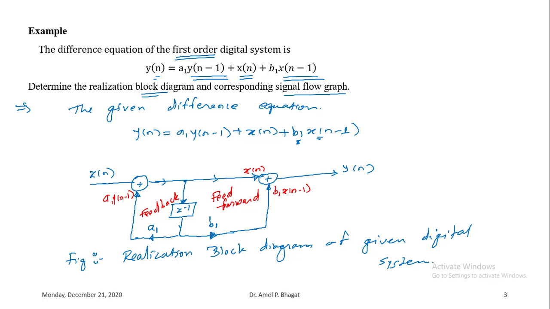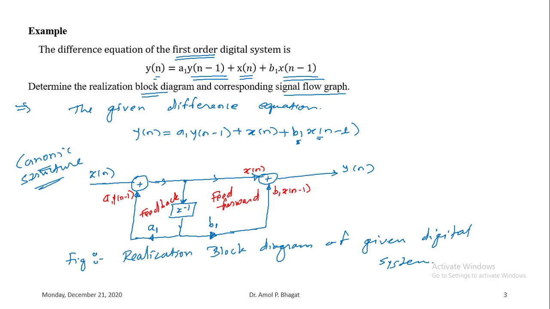So when you are using a single delay element, and in this case the order of the system is also, it is a first order difference equation, right? So the order of the system or the transfer function is 1 here, as well as the delay element that we used is 1 here. So therefore it will be called as what? Canonic structure, right?